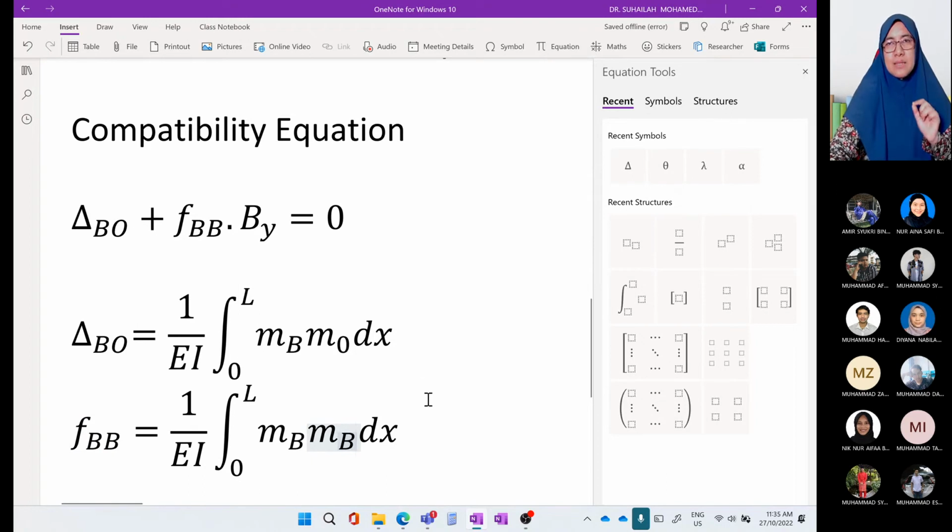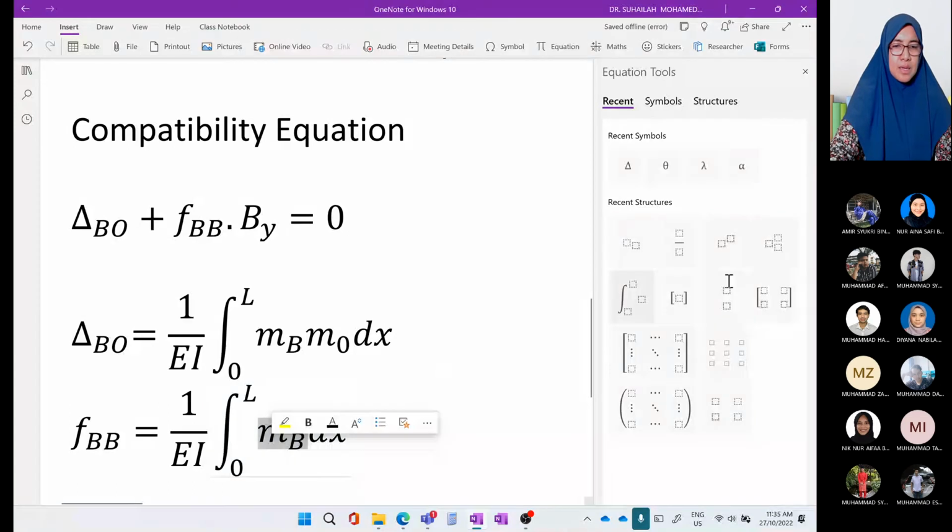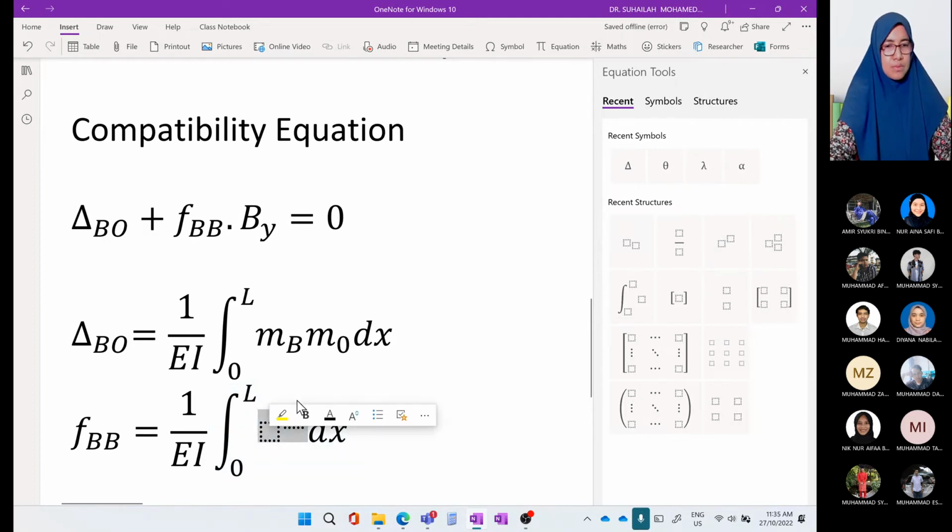And MB is the moment equation in the redundant system. So these two MB can be written like this.